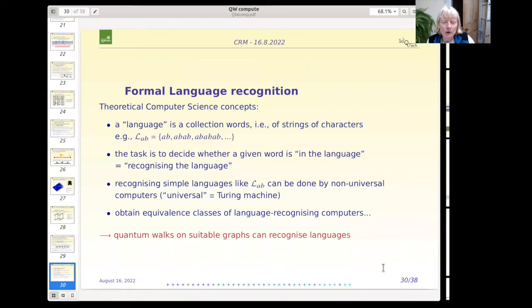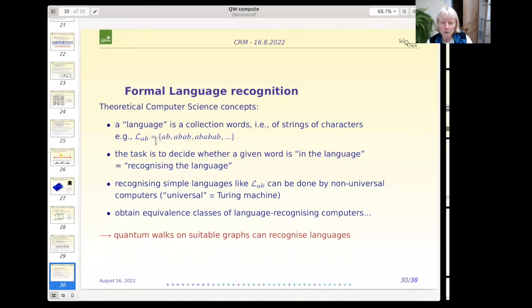There's something else you can do with these ingredients. It's a very computer sciencey problem. We can recognize formal languages if we encode the words in the language into the input of a quantum walk. And then we can set the graph up so that if the walk arrives at a certain site, it tells you whether the word is in the language, and at a different site, it'll tell you it isn't. So a language is a collection of strings of characters.